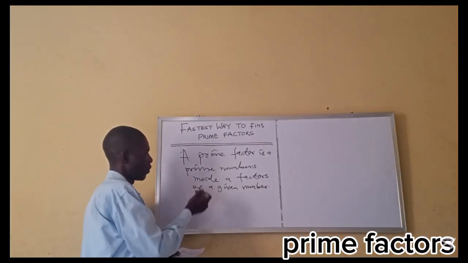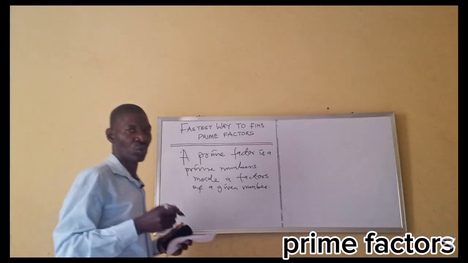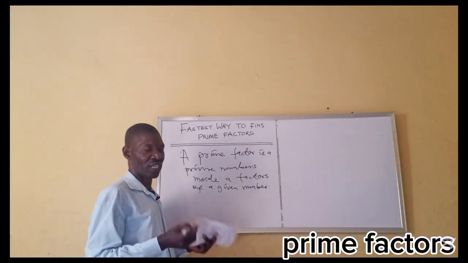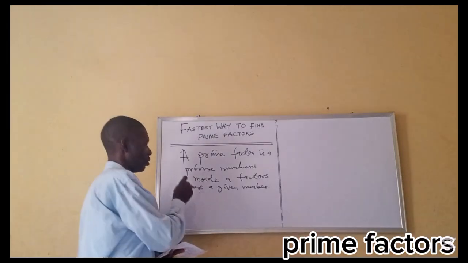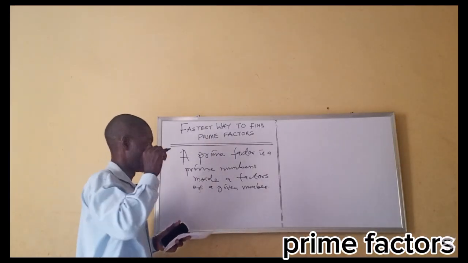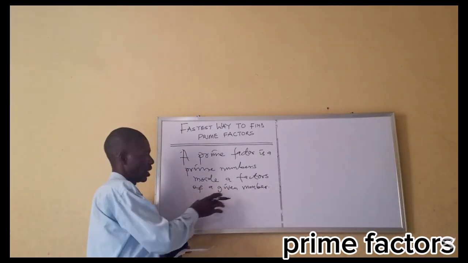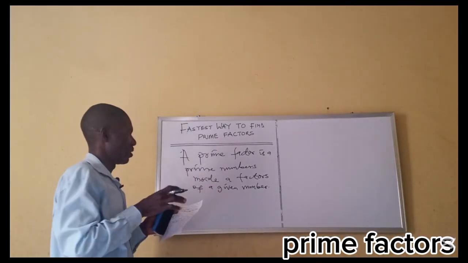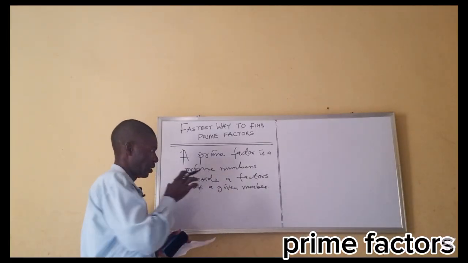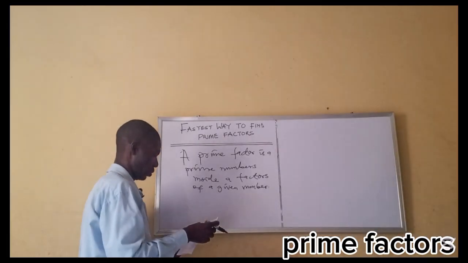So take for instance, if you are told to look for the factors of 10, you start dividing from 1 to 10. Any number in between that gives you exactly a number without a decimal place is a factor of that number. For instance, let's look at this example.